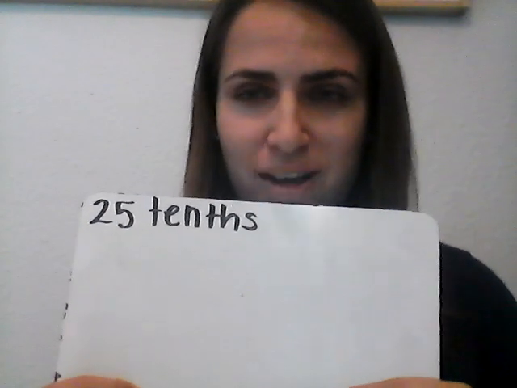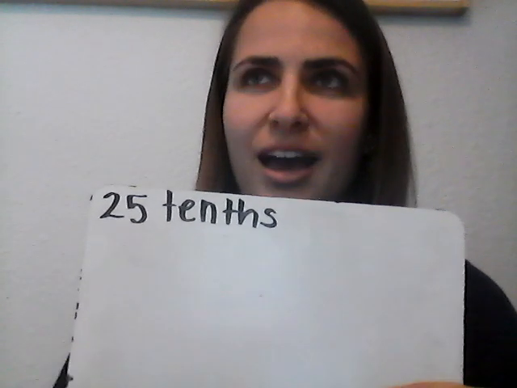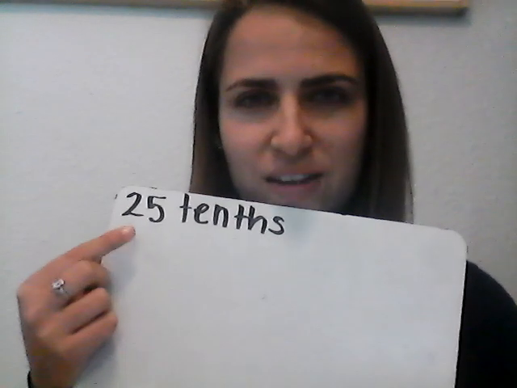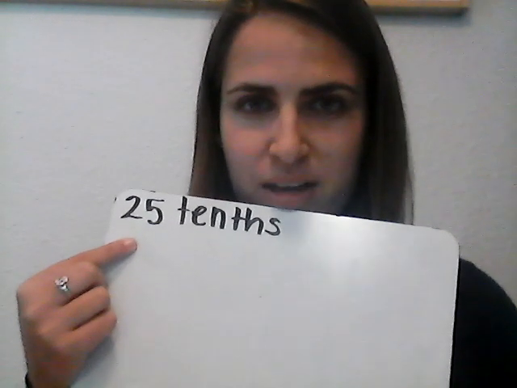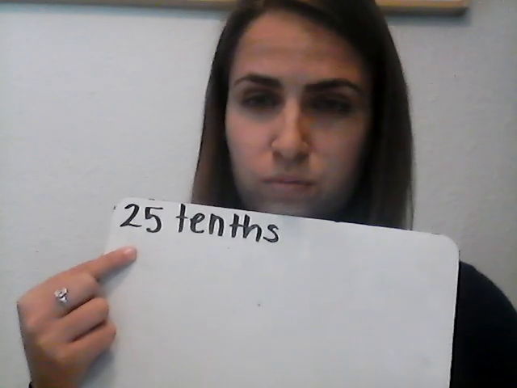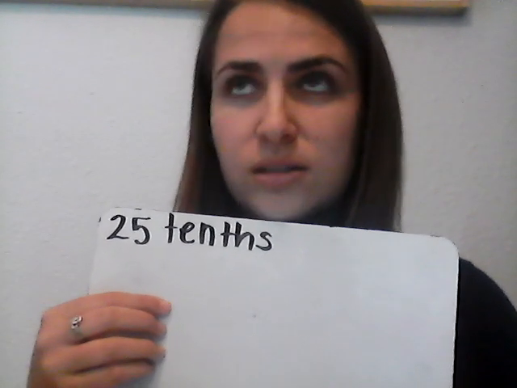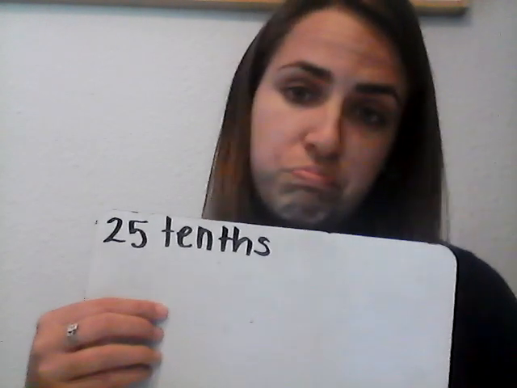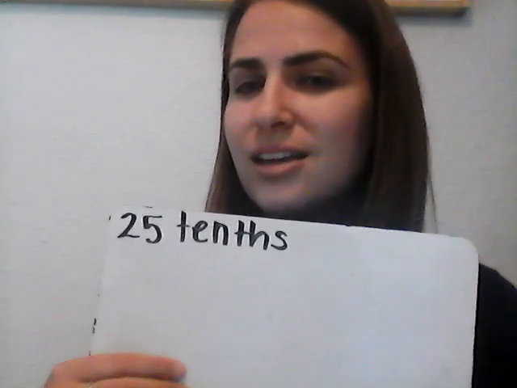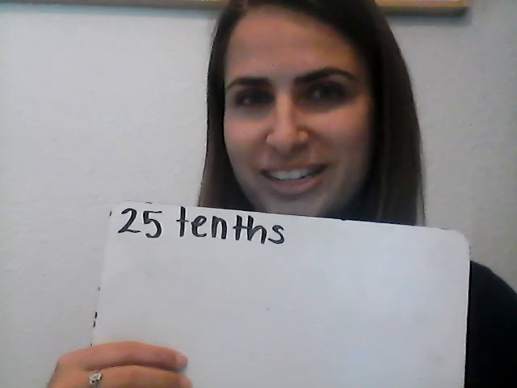Before we continue, I want you to pause the video and explore how many different ways you can represent 25 tenths. Now I want you to think about how you can use numbers. Maybe you use words. Well, we used words here, but maybe you have another way to express it in words. Maybe you do visual models. I don't know. See if you can show at least 3 ways to represent 25 tenths. Pause the video and then we're going to go over it together.